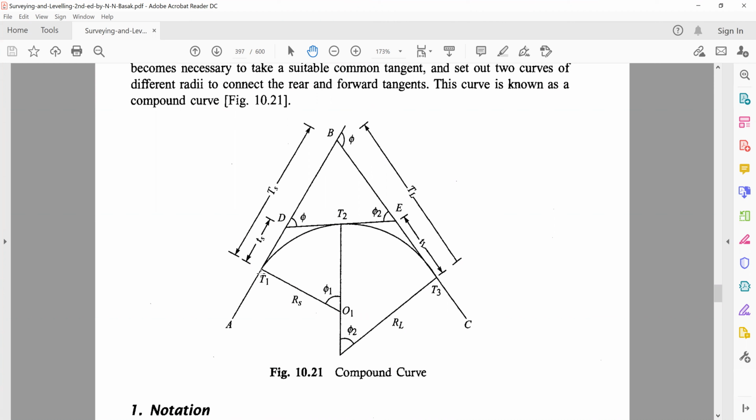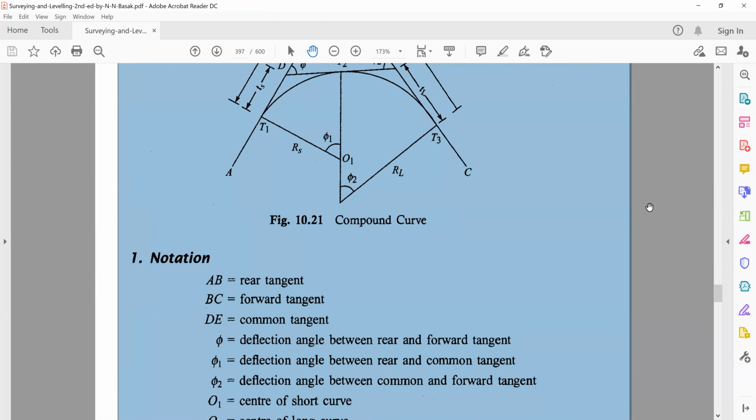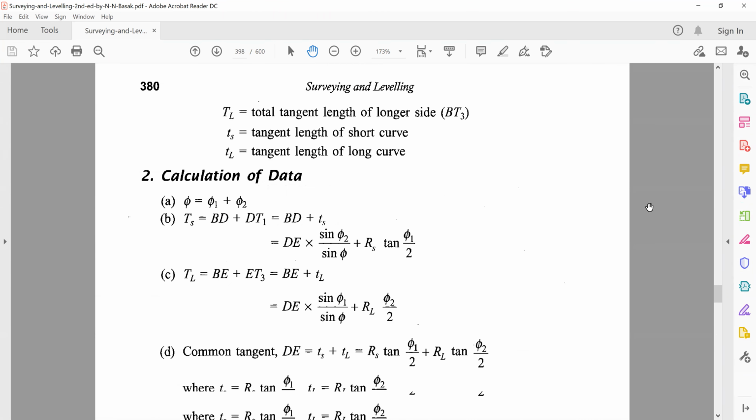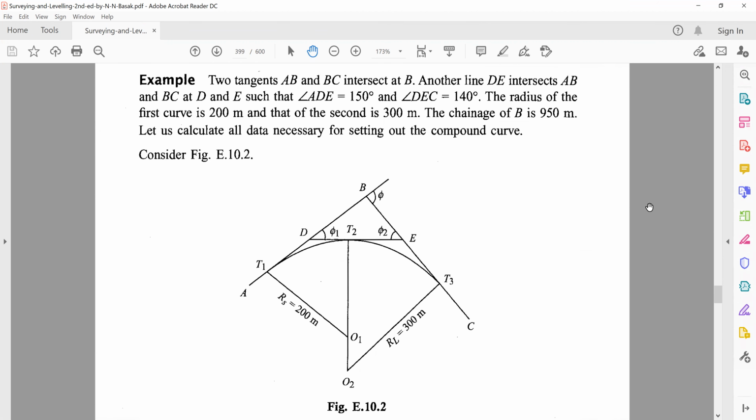To that, you add the curve length of the smaller curve, you get the chainage of the point T2. And to that, you add the curve length of the larger curve, and that brings you to the chainage of the point T3. So it's pretty much similar to what we have done in the previous lecture of the simple circular curve. So that's it. Let's now see the question and see how they've done it.